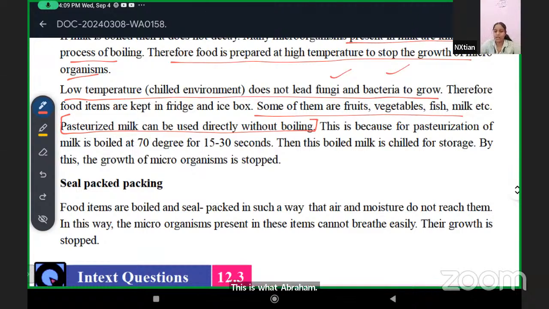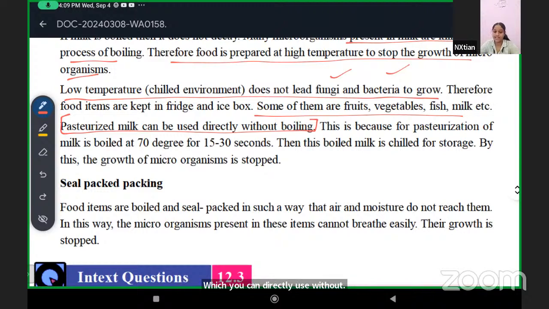As I said, the guy called Louis Pasteur invented this, and that's why it's called pasteurized. So pasteurized milk is already processed, and you can use it directly without boiling.